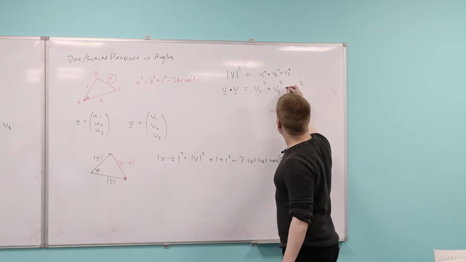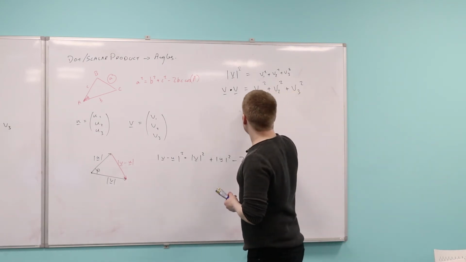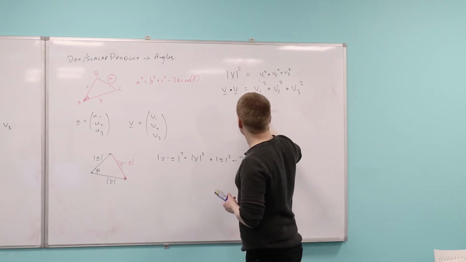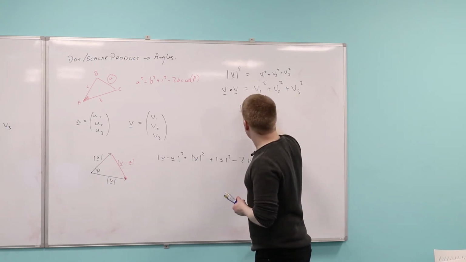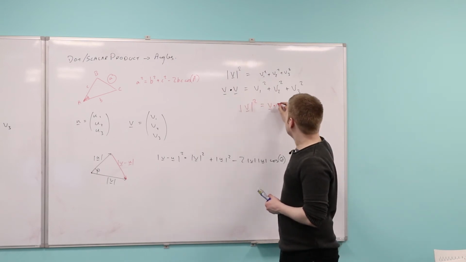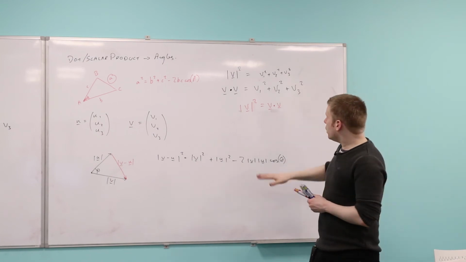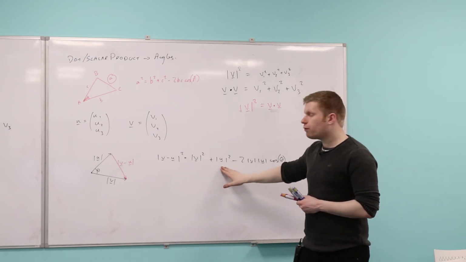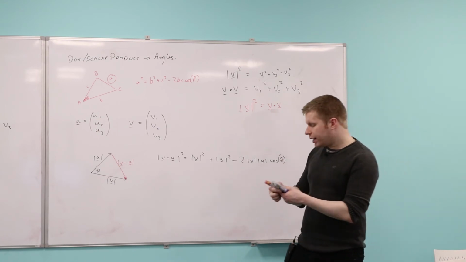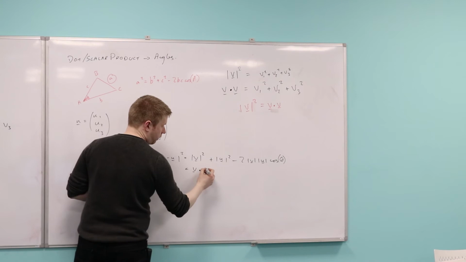Then I add them all together. So would you be happy that the modulus of v squared will be exactly equal to v dotted with itself? So whenever I see that going on, I can just rewrite it as v dot v.